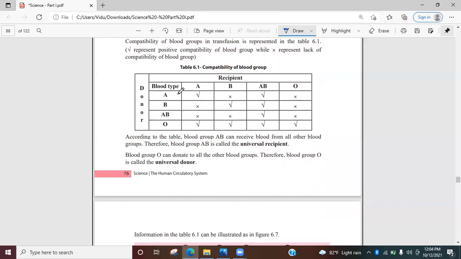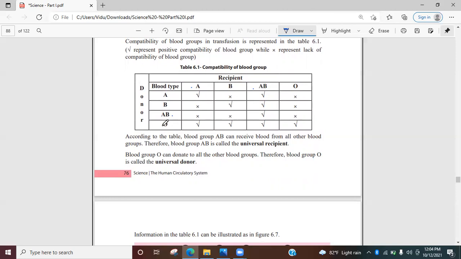When the donor gives A-type blood, only A and AB recipients can receive it. B-type blood can be received only by B and AB. Blood type AB can be given only to AB recipients.